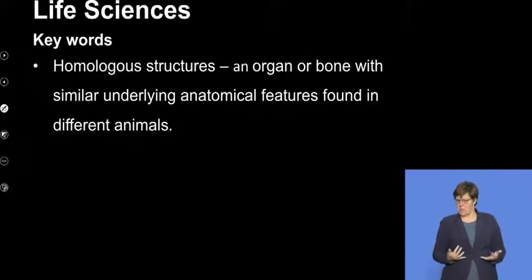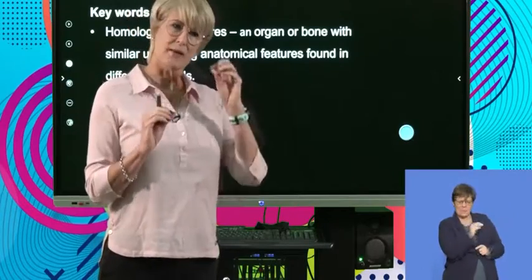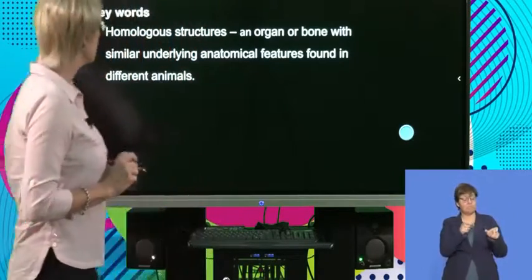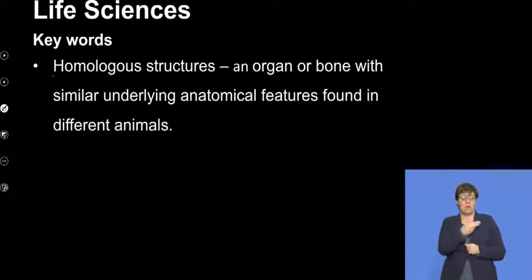All right, and then the next key word we're going to have a look at is homologous structures. Now again, when we do terminology, it's always a good idea to break up the word into what you can, and then you can work out the parts. If you break it up into smaller parts, it makes it a lot easier to figure out. So homo means the same, and then logos, so what we're looking at is structures in organisms that are the same or similar.